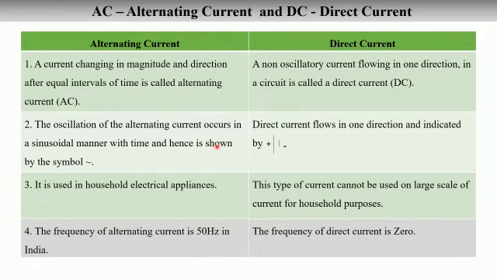We will study this in the next slide with the help of diagrams. So I hope you have understood these 4 points, and you have to learn these 4 points so that you can write down the differences between alternating current and direct current.